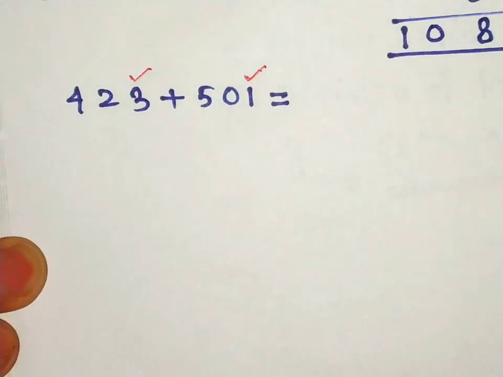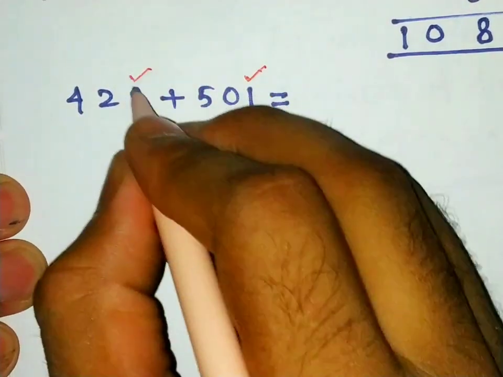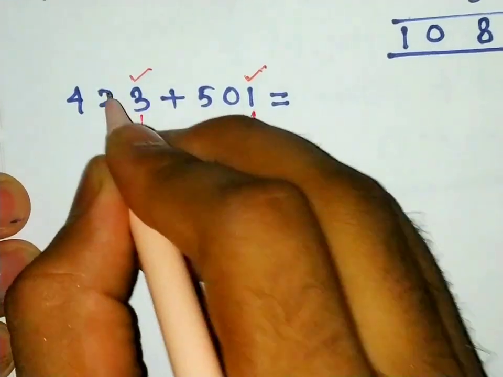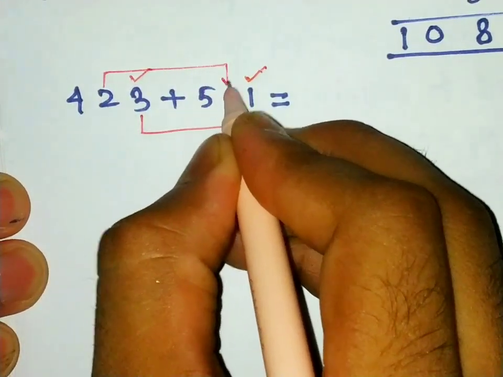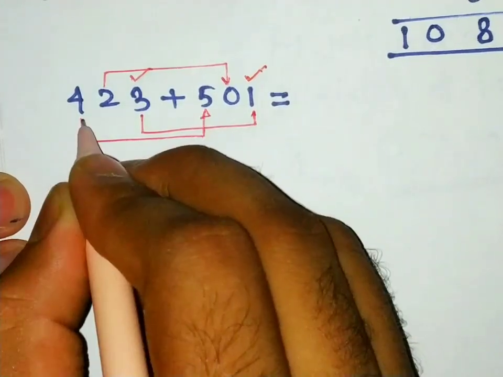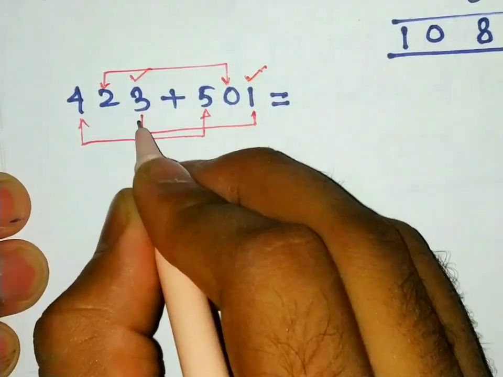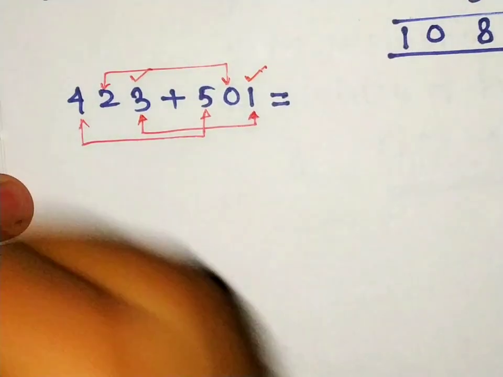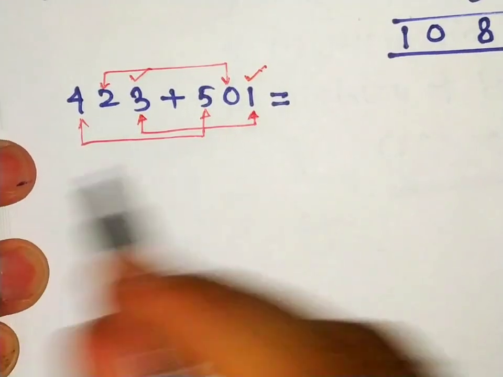So the first digit will be added with the first digit, the second digit with the second digit, the third digit with the third digit. So just simply add accordingly, and don't mix here and there.